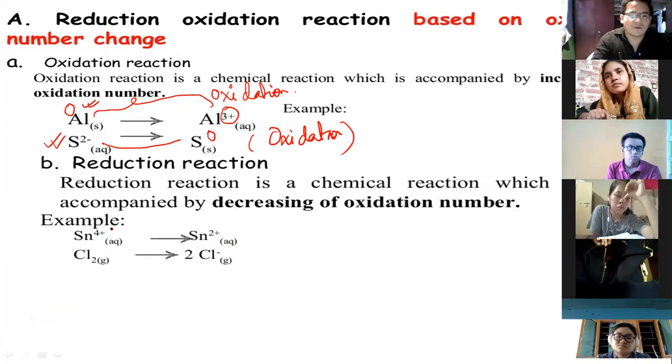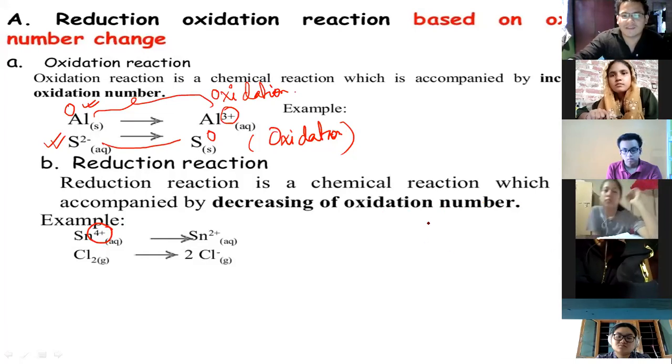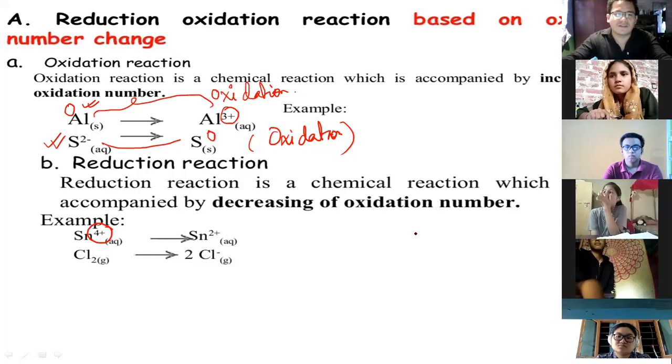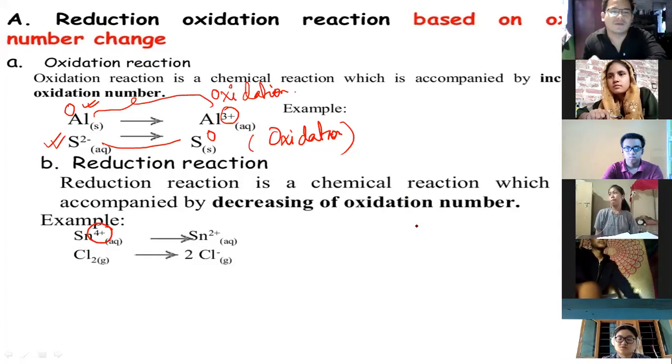So tin with oxidation number 4. What is the atomic number of tin? Can anyone tell me? I have already completed periodic classification of elements. Tin belongs to which family? Boron, carbon, nitrogen, oxygen, fluorine. Tin belongs to which family? Anyone?